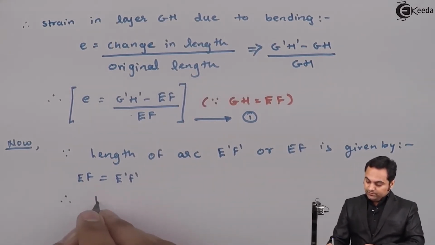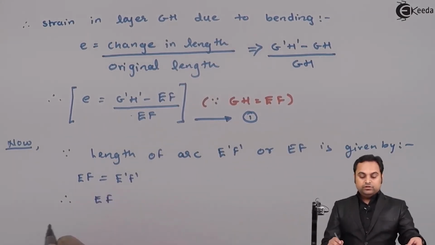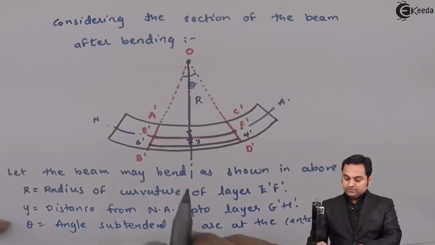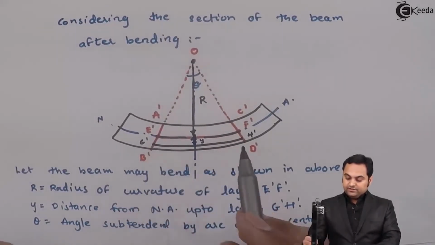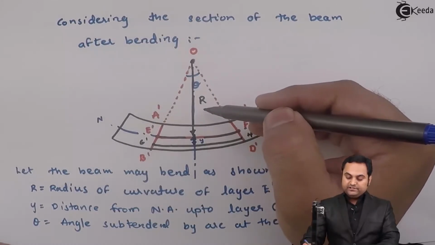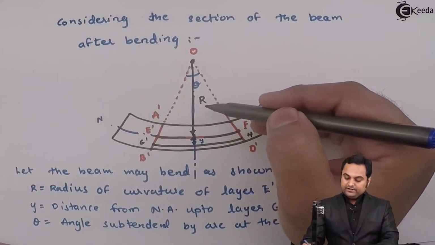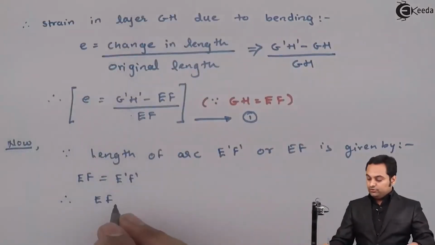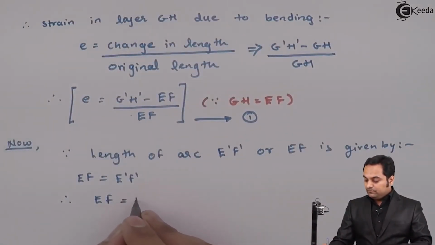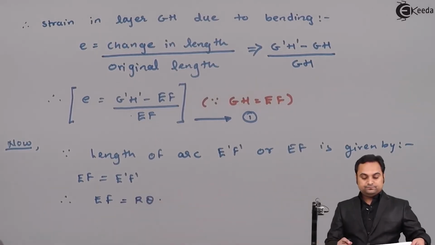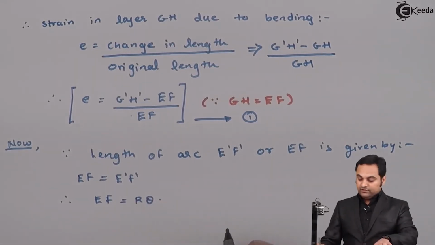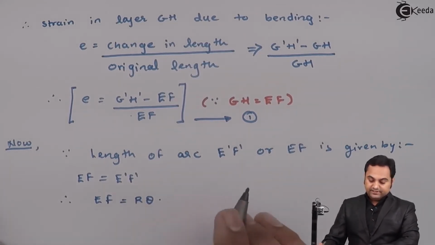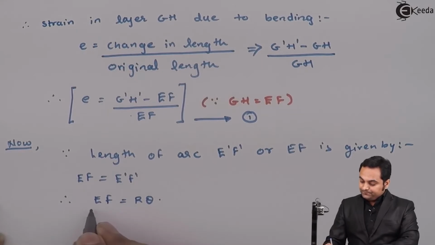So to calculate the length of arc, for E dash F dash the radius is capital R. So capital R, the radius, into theta will give the length of arc. So EF is equal to R into theta. That is the length of arc for EF.